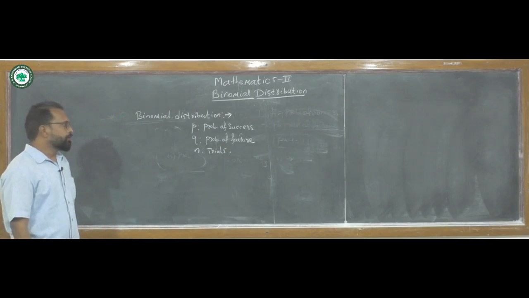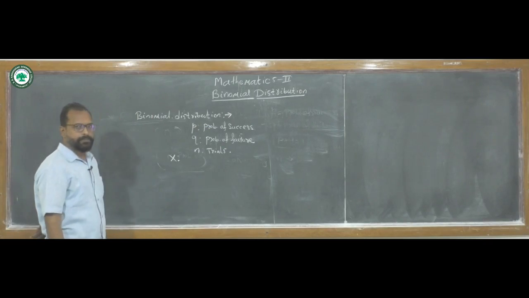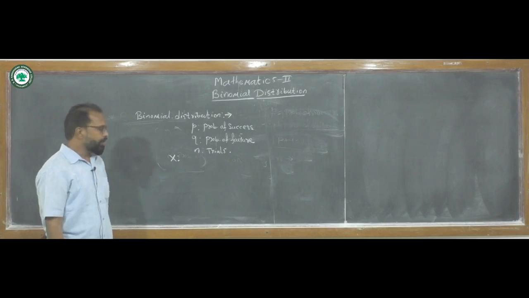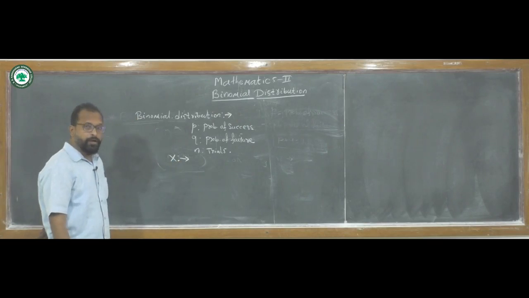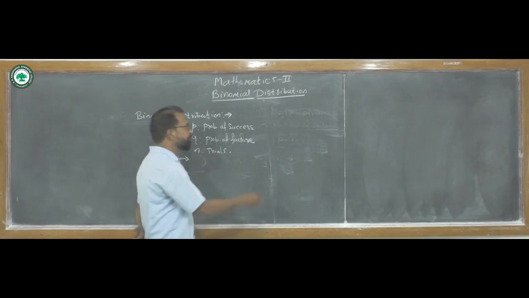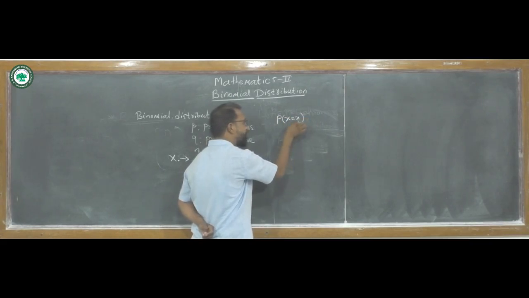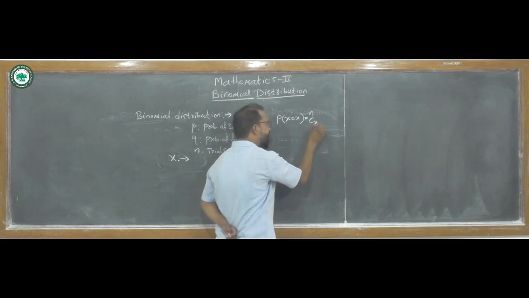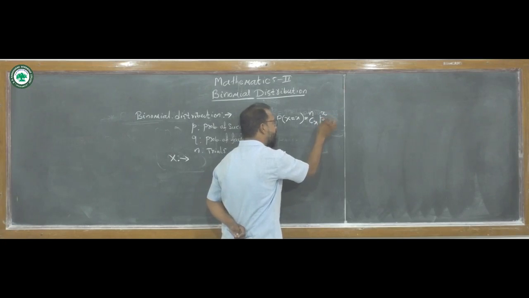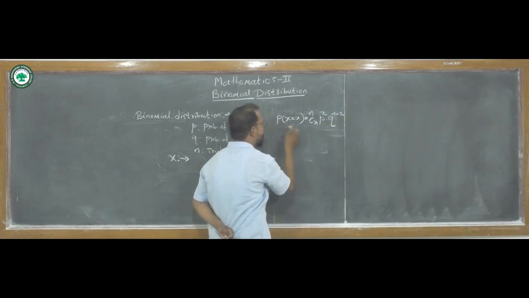Then the variable x, a discrete random variable x defined for a success, having probability distribution, that is probability of X equals small x, this is the value of x, equals nCx p raised to x into q raised to n minus x.